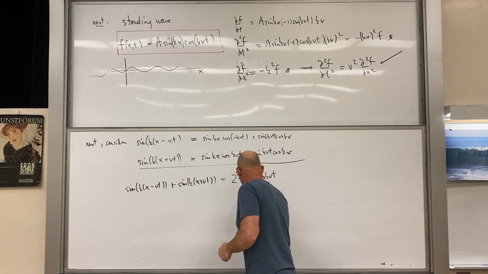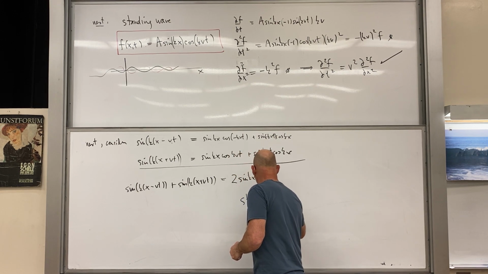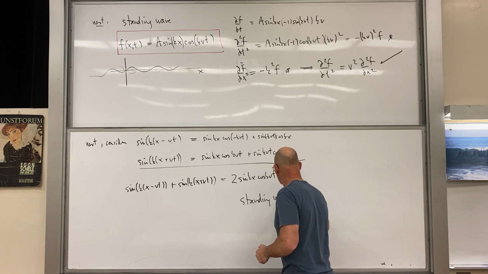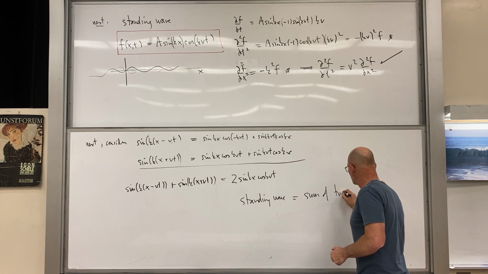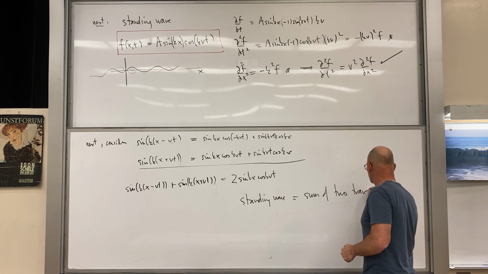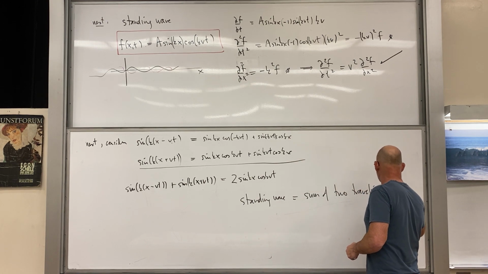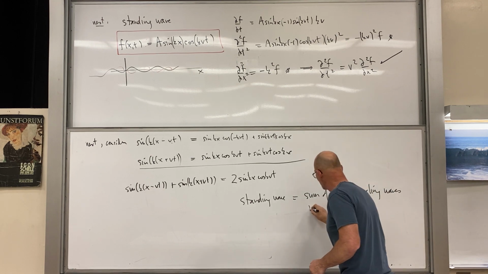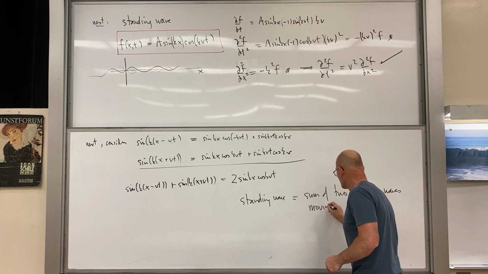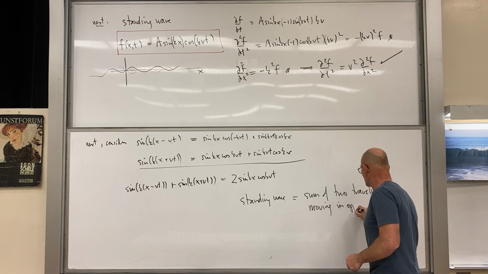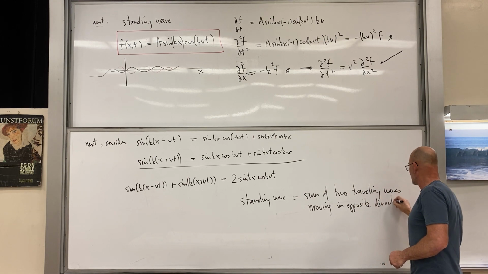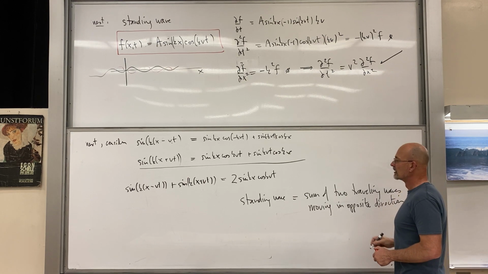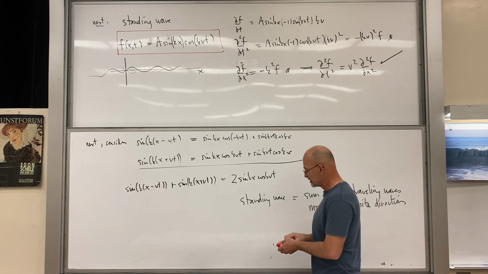So standing wave equals the sum of two traveling waves moving in opposite directions. Which is pretty interesting.